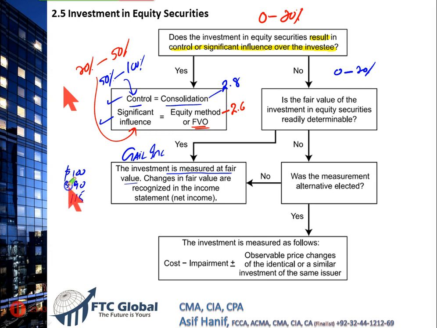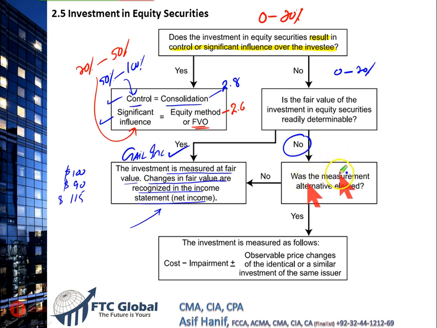We must consider these changes in fair value as income and losses in our income statement. If there is no determinable fair value, why? Because the equity instruments are options or warrants that do not have a readily determinable fair value.